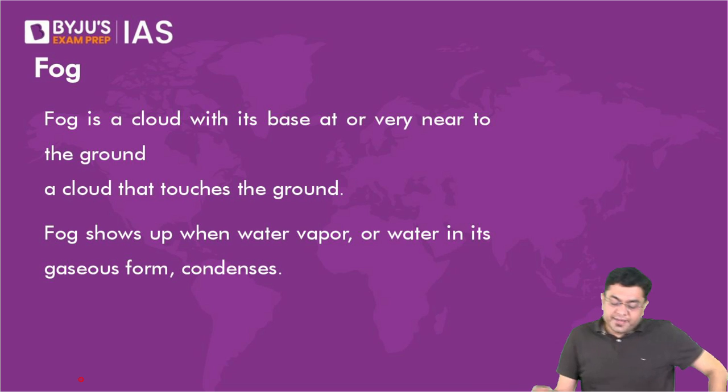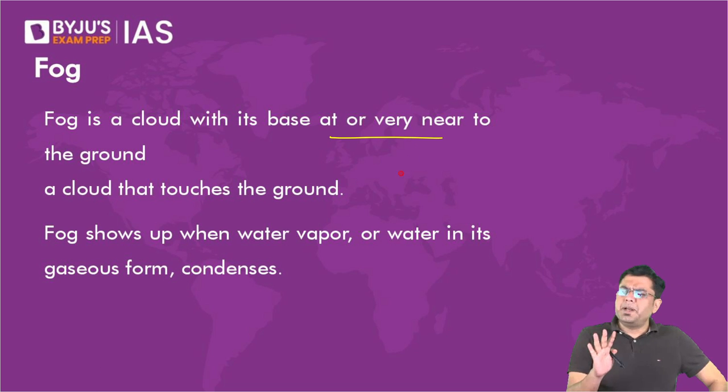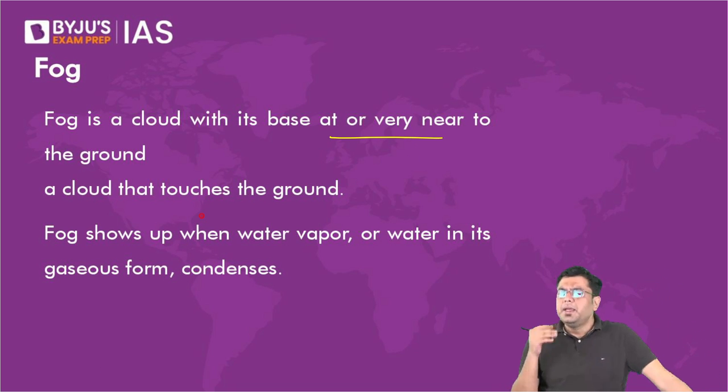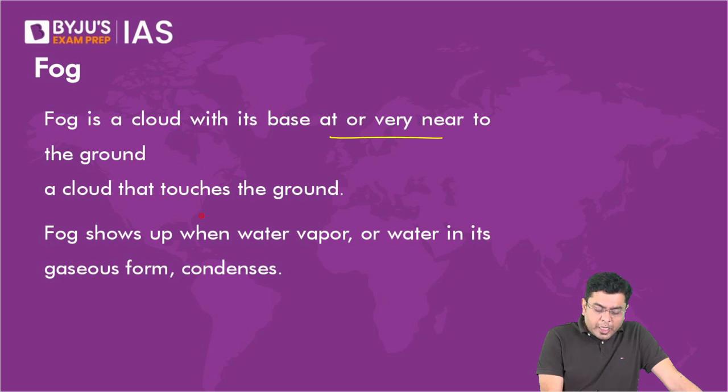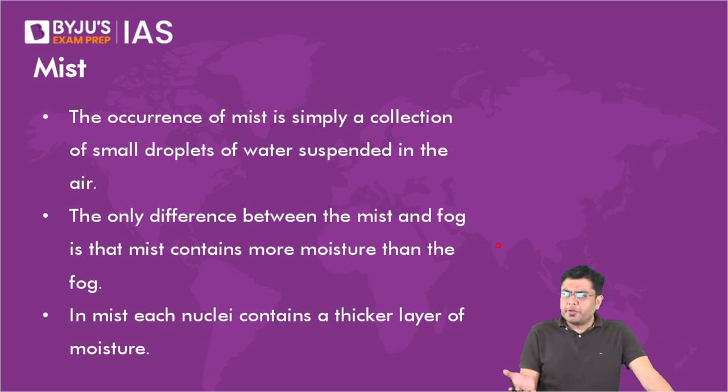So, fog is a cloud with its base at or very near to the ground, or a cloud that touches the ground. In simple terms, it is where the condensation has happened near the ground surface. Now, fog shows up when water vapor, or water in its gaseous form, condenses. There is another form of condensation which we refer to as mist. Mist is very similar to fog formation.